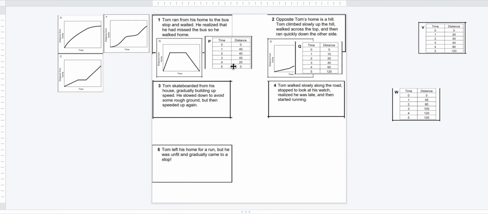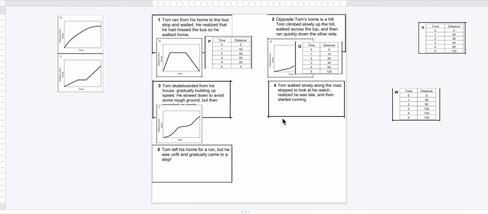So it never says that he stops. It says he slows down. So I know it can't be C. Then I look at A and F. Which one of these is showing me going really quick, slowing down, then going quick again? That's going to be F. Okay.